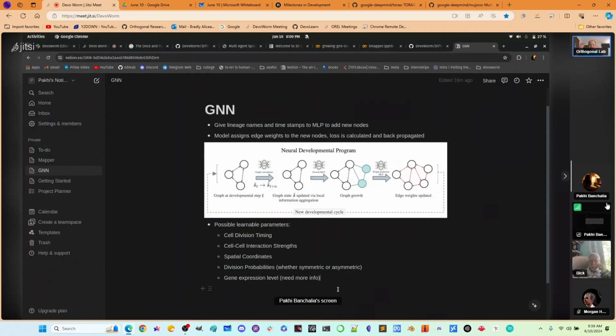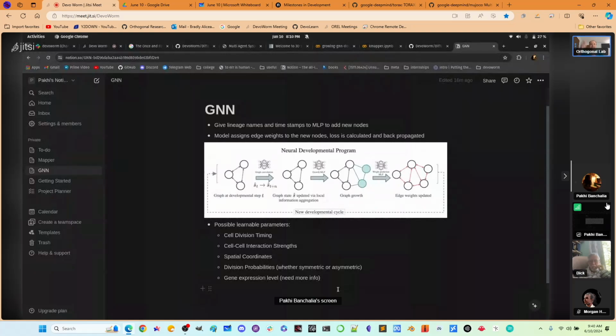So we have that. We have spatial coordinates. The spatial coordinates are just inferred from experiments. We know that C. elegans cells tend to end up in a certain location relative to other cells. So the actual location is a little tricky because it's a centroid value.